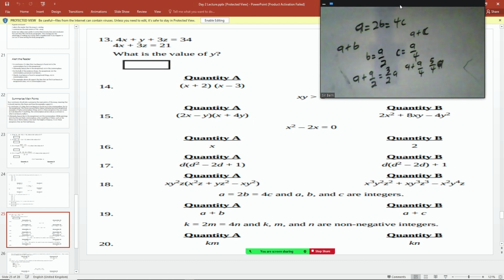But if it's a negative number, quantity B will be greater. So because we don't know the value of A, our answer cannot be determined from the information that we've been given.